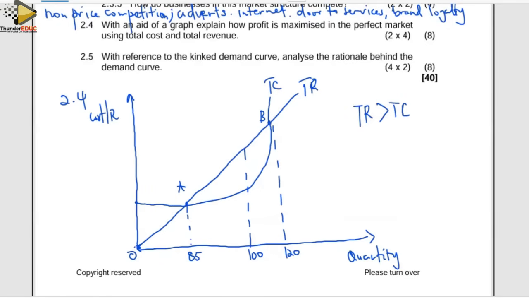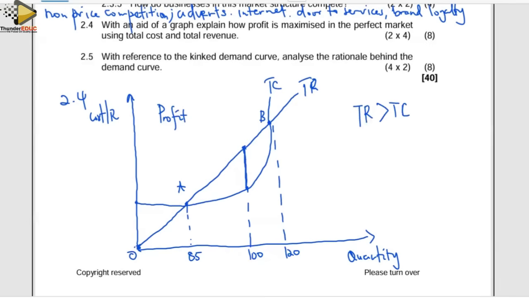So at 85, it's a break-even point, total revenue is equal to total costs. As we increase our output and go to 100, we see this particular point in terms of the gap between the total revenue and the total costs. That is where our profit is maximized.